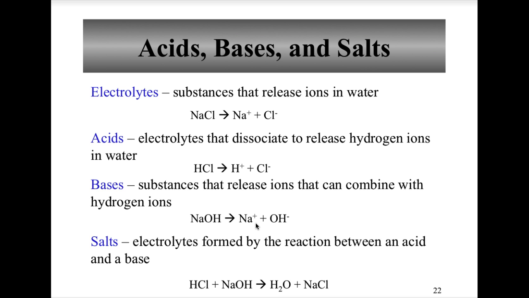So when you add sodium hydroxide, NaOH, which is a strong base, to water, you'll form Na+, that will be your cation, but you have this hydroxyl anion in there that is going to bind with H+, and you'll form water. So you will tend to neutralize the acid and base there.